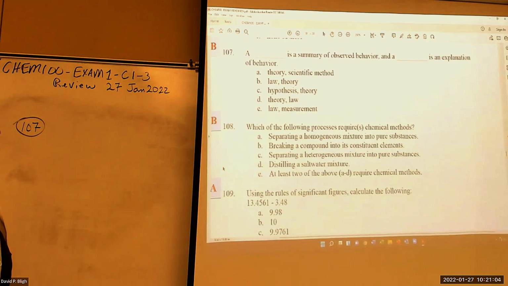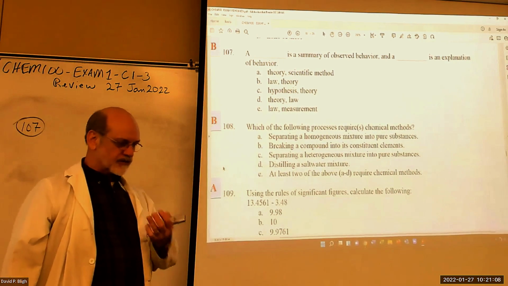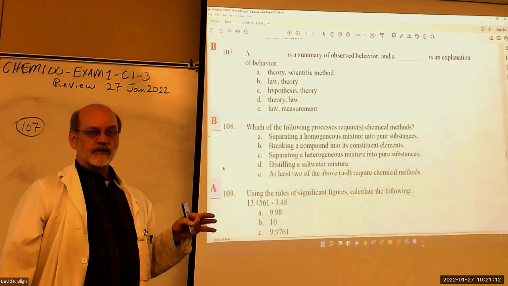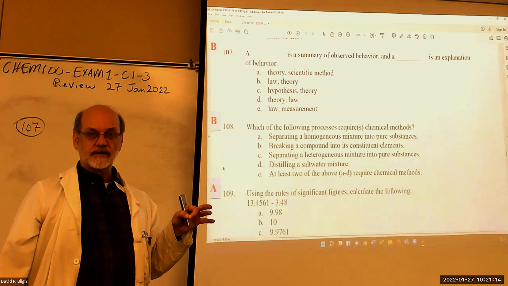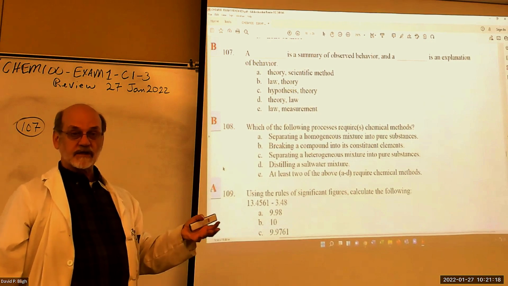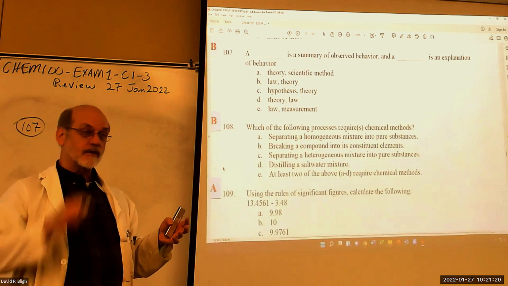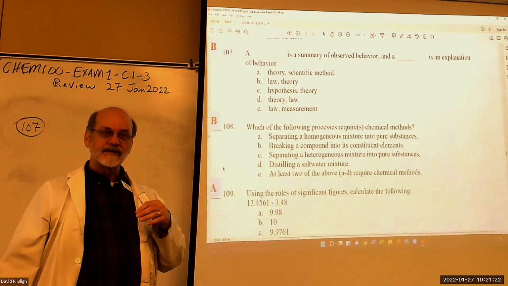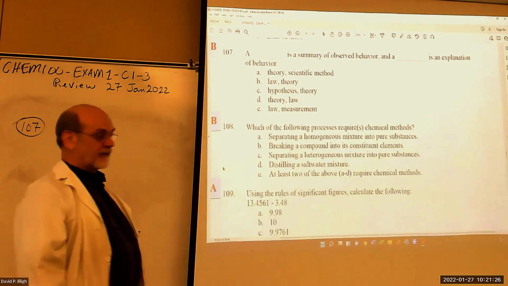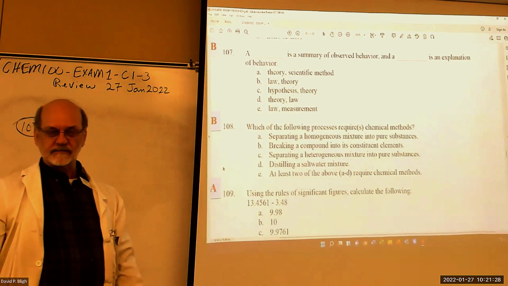A physical law is a summary of observed behavior. It can be expressed in terms of just a pure statement, like Newton's first law of motion. An object in motion tends to remain in motion unless acted upon by an external force, and an object at rest tends to remain at rest unless acted upon by an external force. That's just word statements.